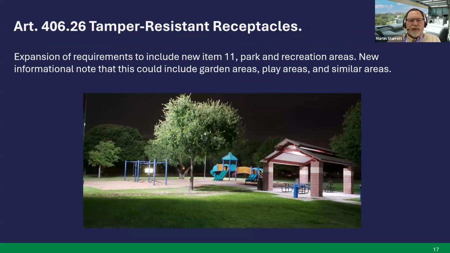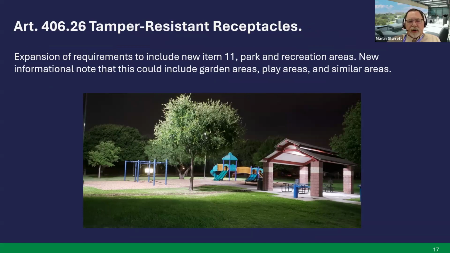Article 406.26, tamper resistant receptacles. They've expanded some requirements to include item number 11, which is park and recreation areas. The new informational note says those particular areas could be garden areas, play areas, and similar areas.